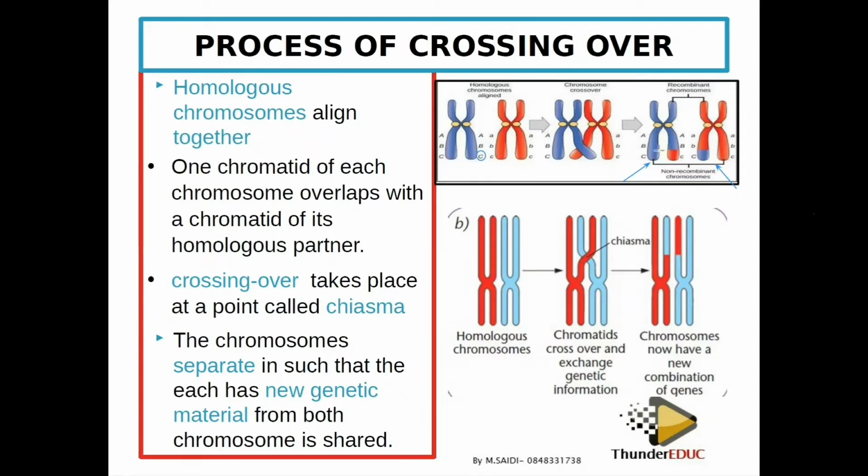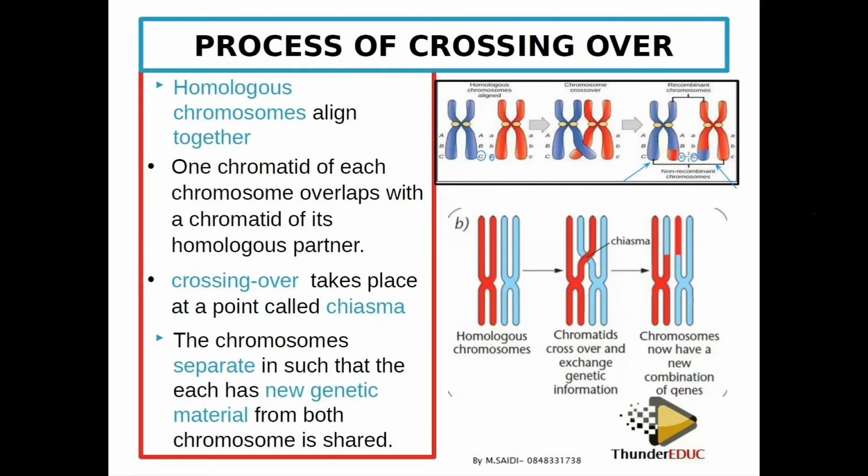And the red one had a small letter c. But after crossing over, that c is no longer a small letter, it's now a capital letter. What does that mean? This means that this gene from this chromosome was passed on to this chromosome, and at the same time, this gene for the small letter c was passed to the other chromosome.